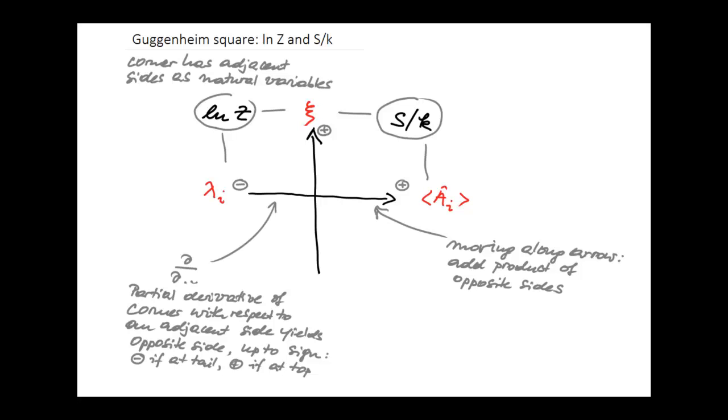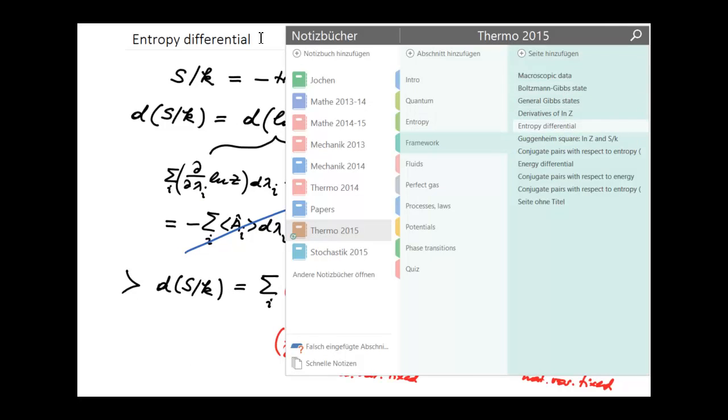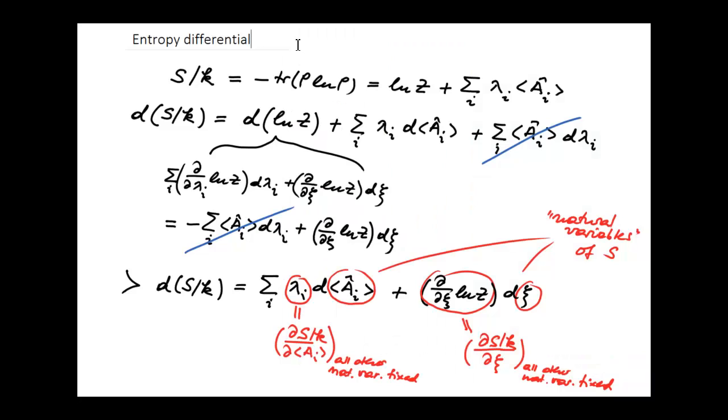So, going from log of the partition function to entropy over K, this means you move along the arrow, and this means you have to add the product of lambda I and expectation value AI. And indeed, let's go back to the previous page again. Now look at the first row here.